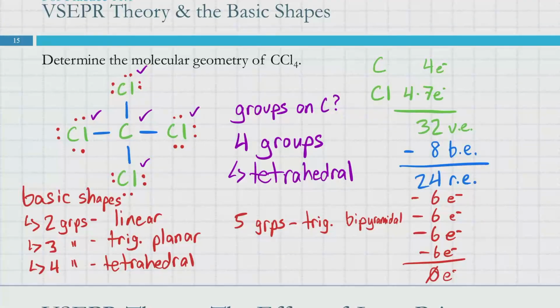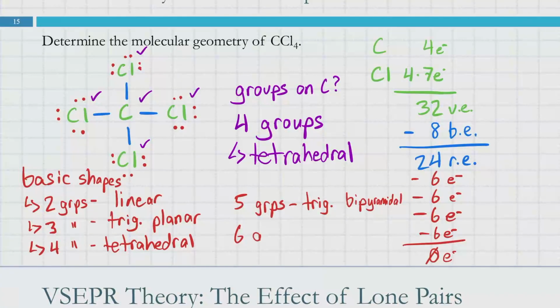Sometimes shortened to BIPY, B-I-P-Y. 6 groups is octahedral.